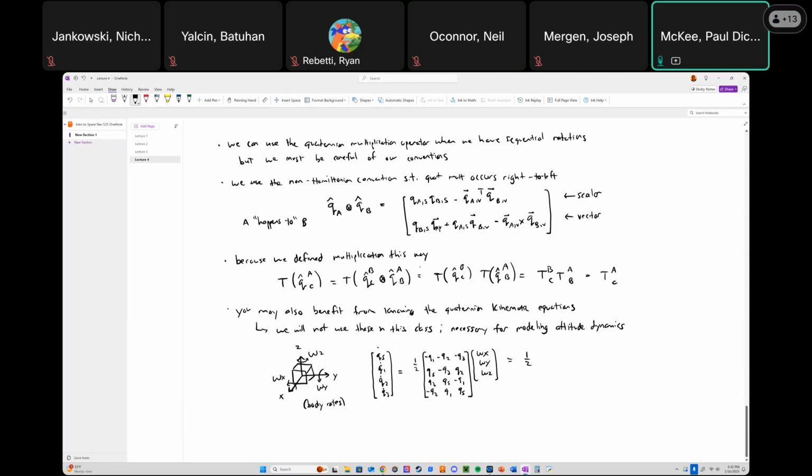This is 1/2 times negative Q vector transpose, and then Q scalar times the identity matrix minus Q vector cross product matrix, multiplied by omega X, omega Y, and omega Z. So hopefully that's helpful to somebody.